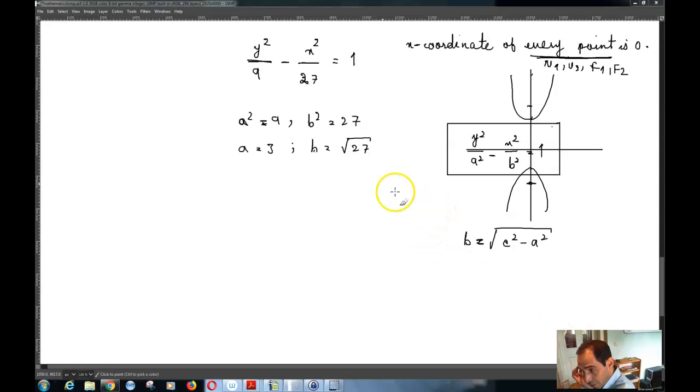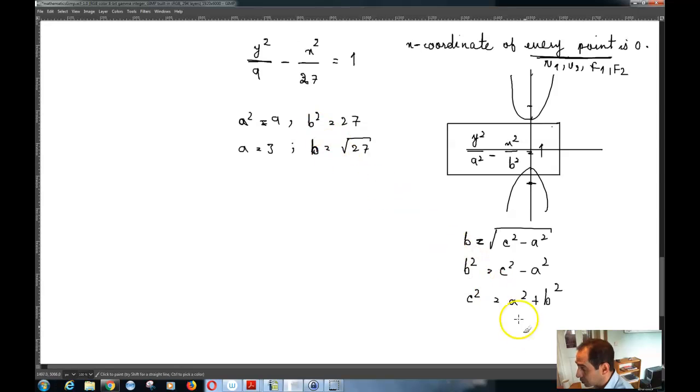Okay, so now I have my A, I have my B, and I want to figure out what C is. So C over here I can calculate. I can write B squared is equal to C squared minus A squared. So that means that C squared is equal to A squared plus B squared.